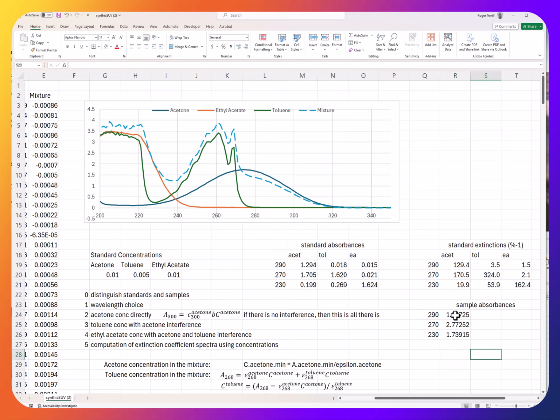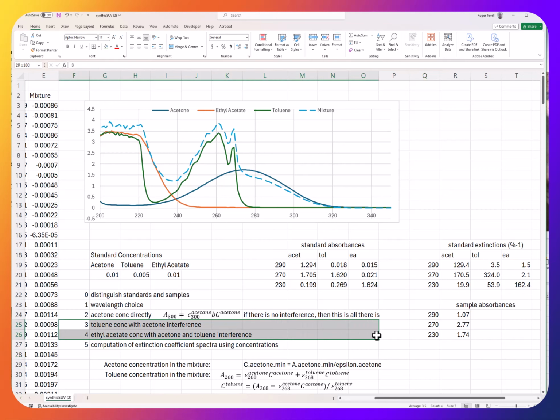Okay. So let's see here now. I'll get those guys a little more normalized there. And so now we have all this information. We have extinction coefficients and absorbances for the sample and the standards. So let's see what we can do about the acetone concentration here.